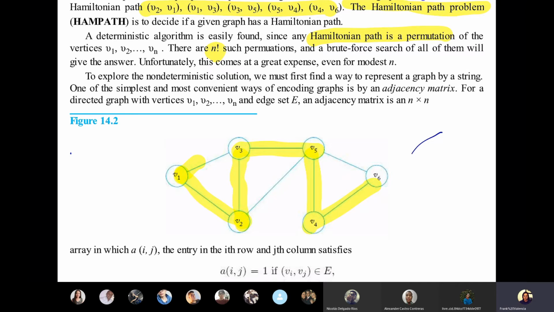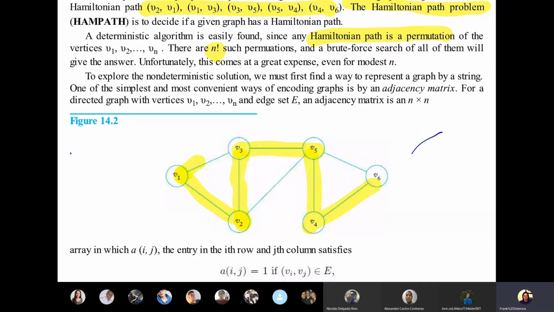Because remember, the power that you need to associate to non-deterministic is that they can guess something and verify. So my argument is the following. I guess a permutation of the vertices, and then I check if that permutation is a valid Hamiltonian path. And that I can do in polynomial time very easily. So it's non-deterministic polynomial time.